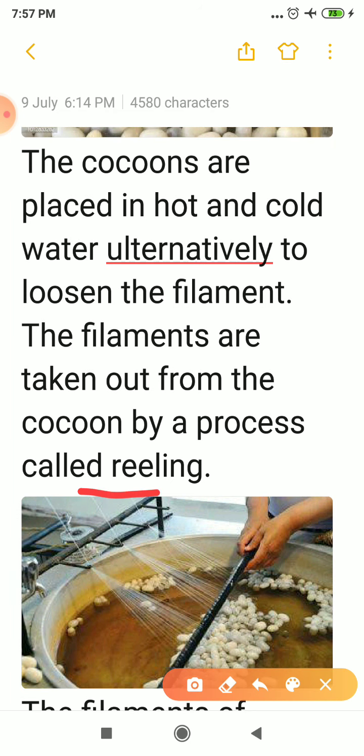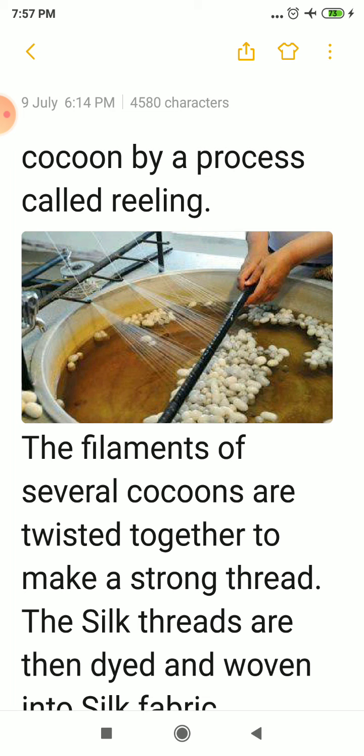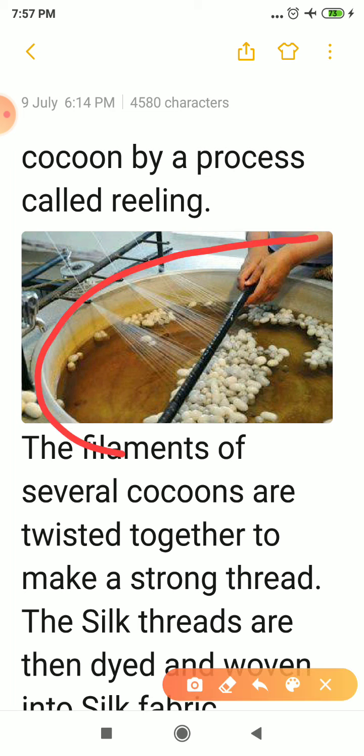Reeling is the process in which the cocoon filaments are taken out from the cocoons. In this diagram, it will be clear. See here. All these filaments are taken out from the cocoons and twisted, and yarn is made.